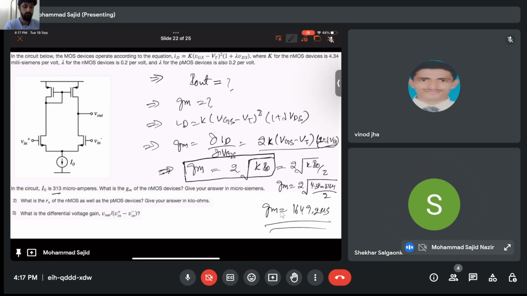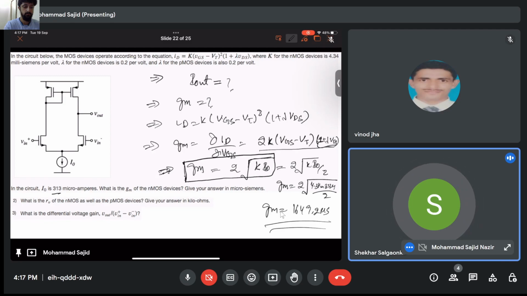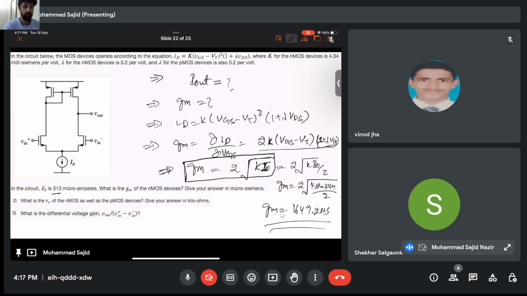I hope you remember this formula, or you can derive it. Yes, I do, but lambda is not considered. My point is, since it is there in the equation, we can neglect it or ignore it. One second. If you use this formula, you don't know anything about VGS either, right? So we cannot use this.